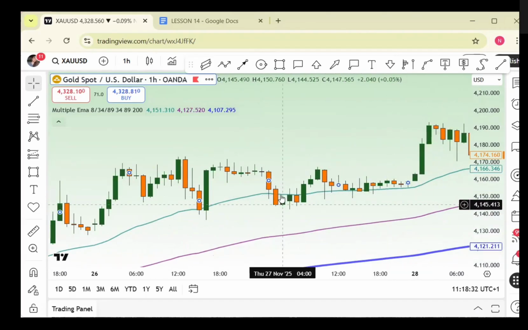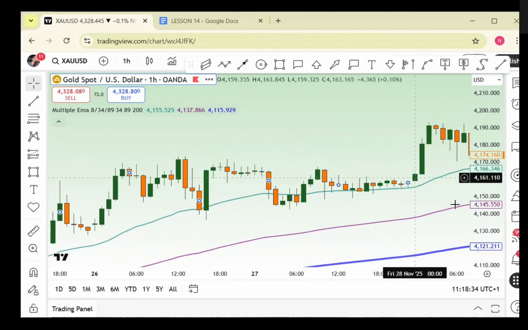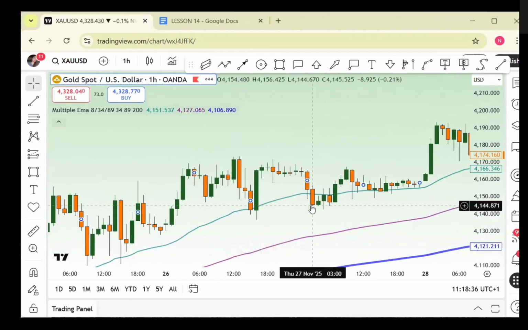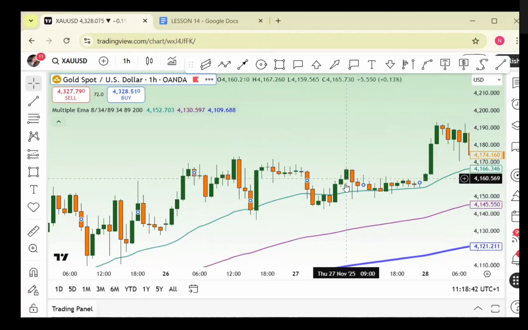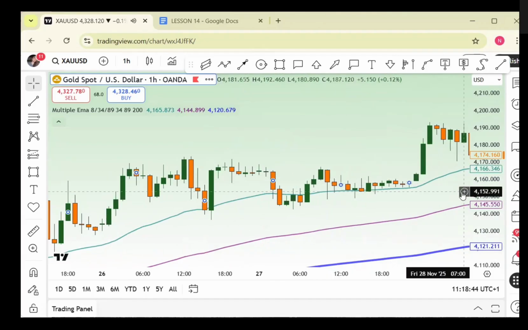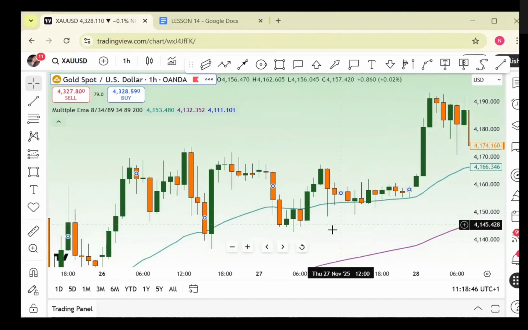And this one is the correct hammer on a 1 hour chart because it appears at the support zone after a downtrend, and indicates the upcoming uptrend. All right.